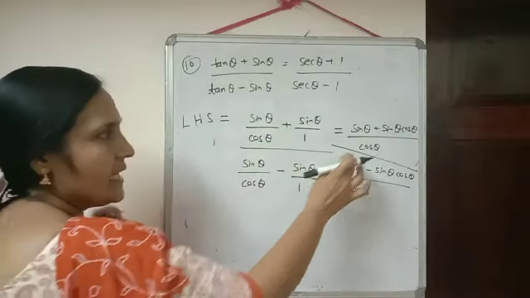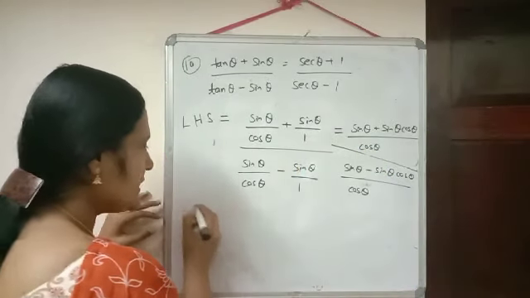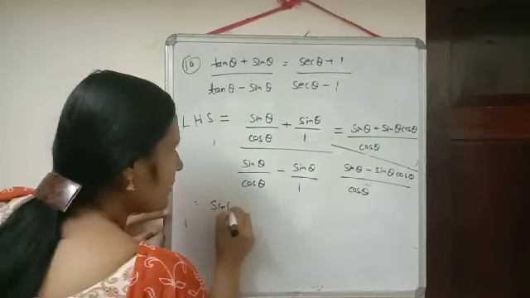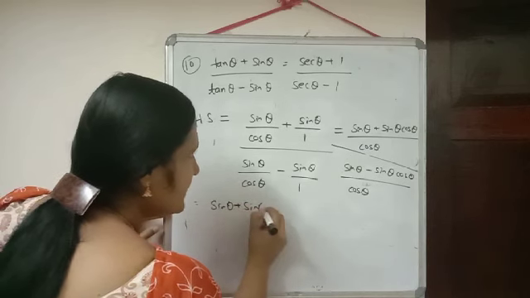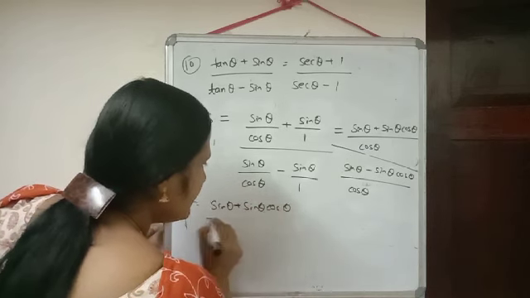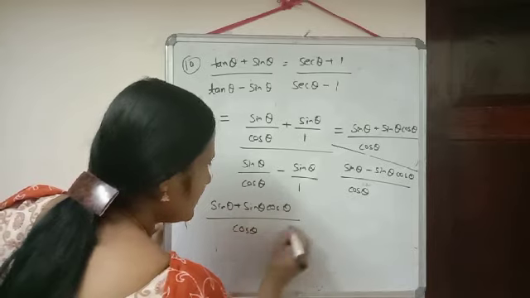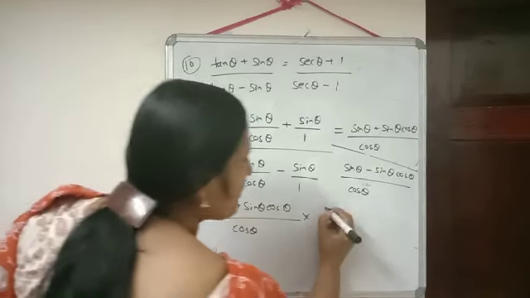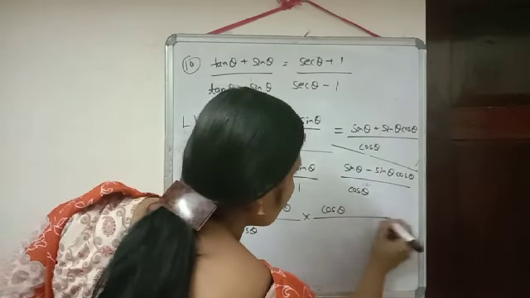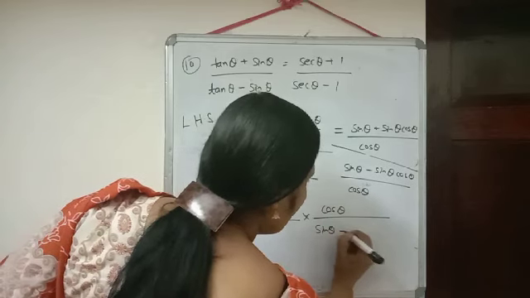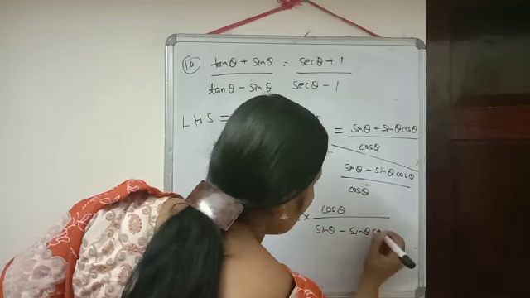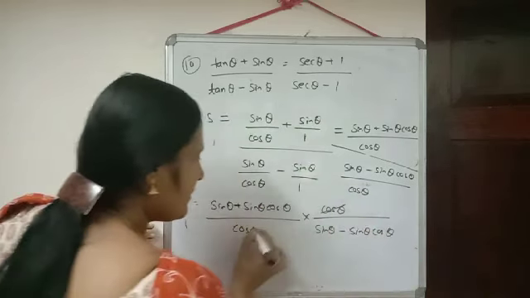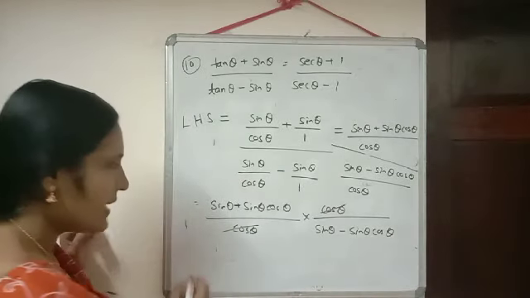Now when we change this division into multiplication, we get the reciprocal. So we will get (sin theta plus sin theta cos theta) by cos theta into cos theta by (sin theta minus sin theta cos theta). Now here cos theta and cos theta will get cancelled.